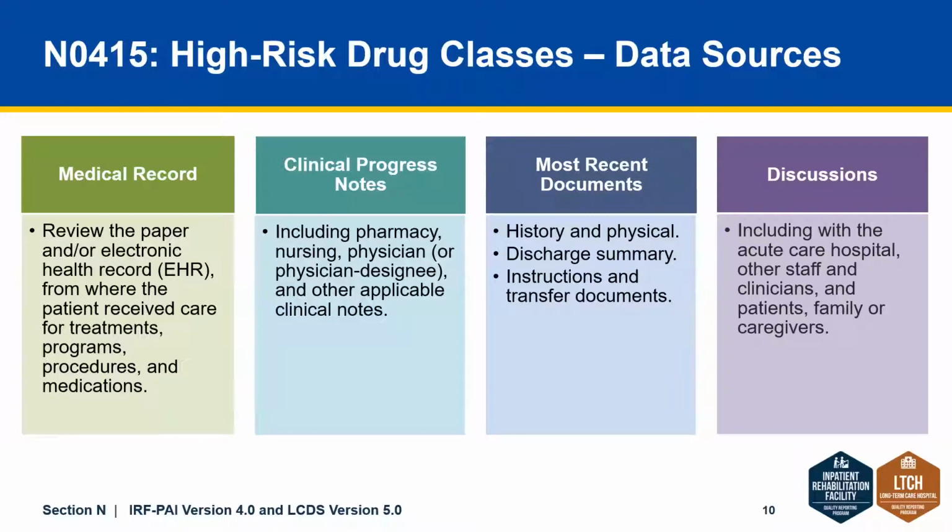These might be notes from the pharmacy, nursing staff, documentation from the physician or physician designee, and other clinical notes that might be applicable. You might also include recent documents, such as the patient's history and physical, a discharge summary, or any transfer documents. And the last data source would be any discussions with the hospital staff, as well as with the patient, their family, or caregivers.